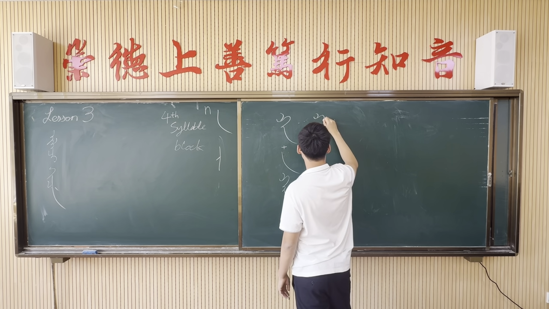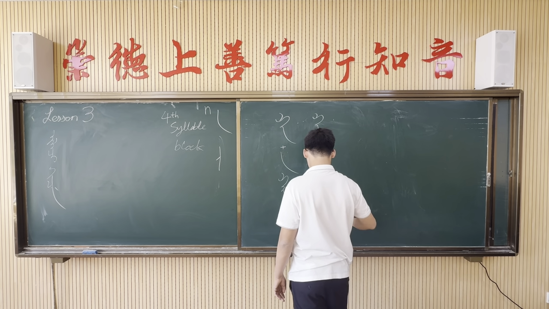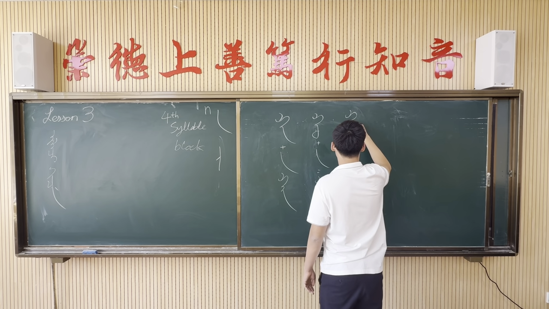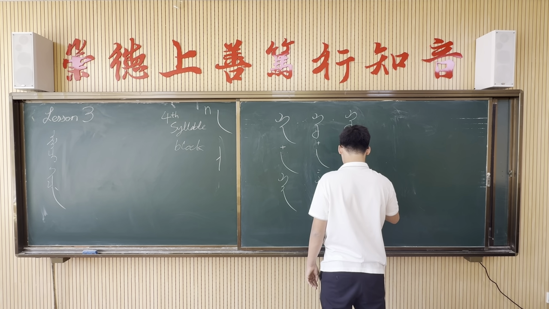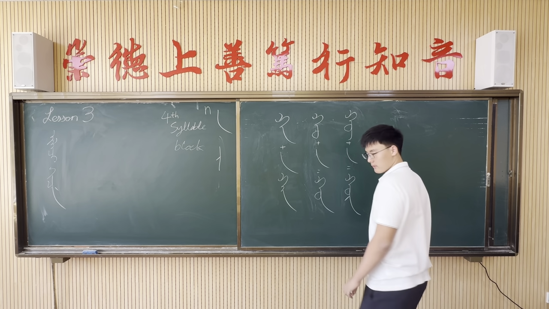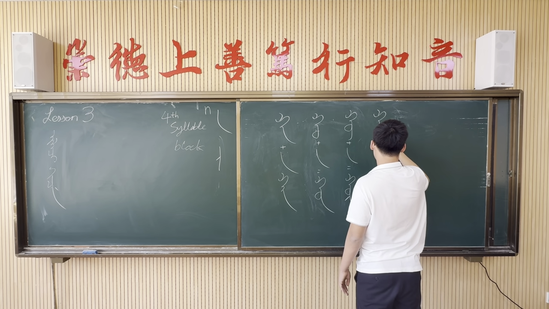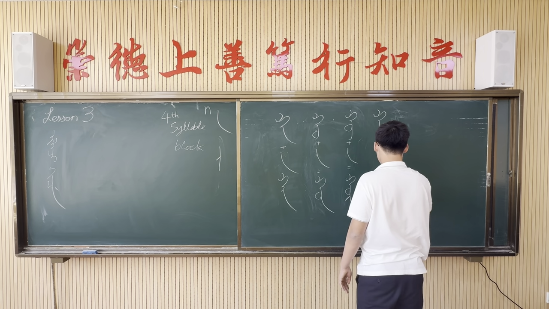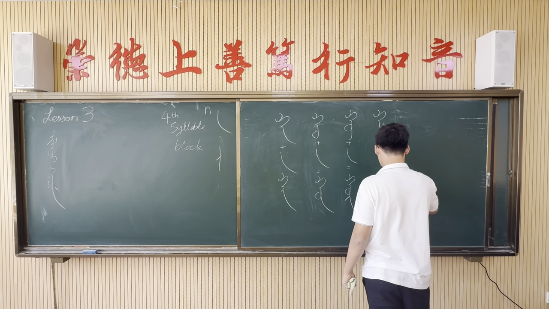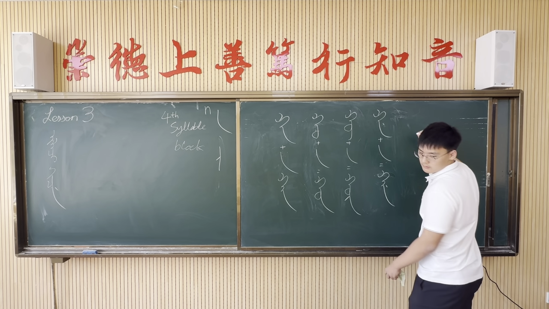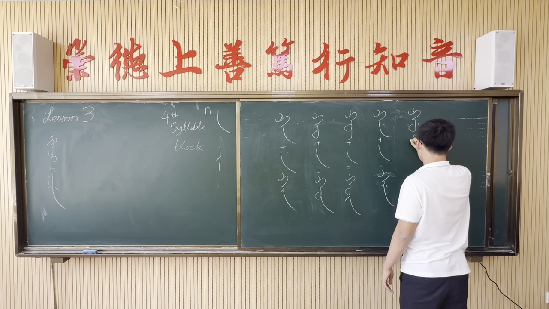Ko plus n is kon. Gan plus n is gan. Gon plus n is gon.